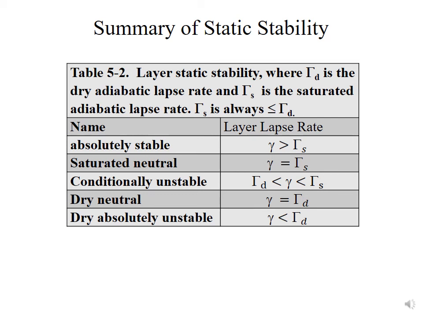It would be dry neutral if the lapse rate is equal to the dry adiabatic lapse rate, and it's going to be absolutely unstable if the lapse rate is less than the dry adiabatic lapse rate. So think about this. The dry adiabatic lapse rate is defined as minus 9.8 degrees Celsius. So an environmental lapse rate that is less than that would be minus 10 or minus 11 or minus 12 degrees Celsius per kilometer.